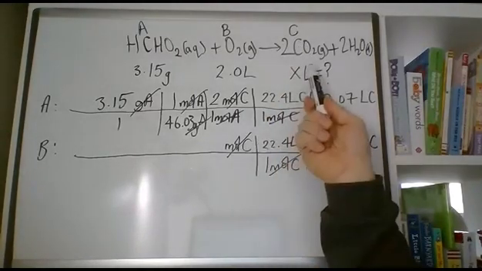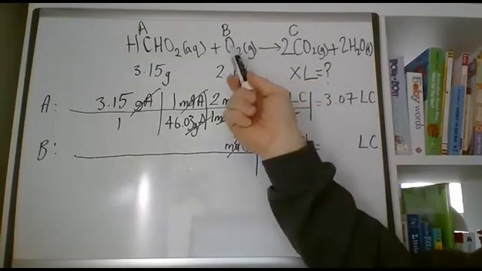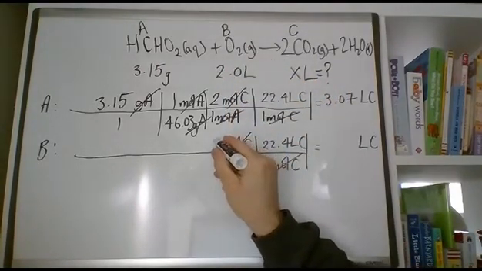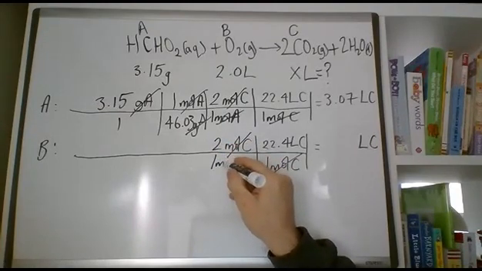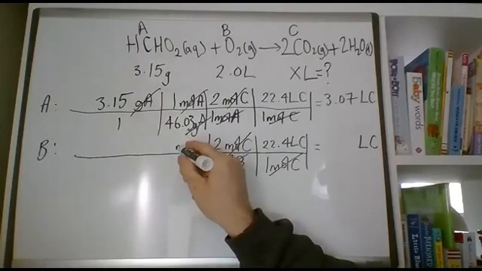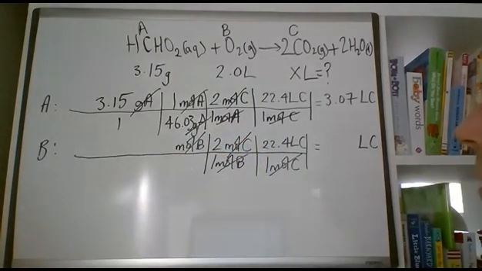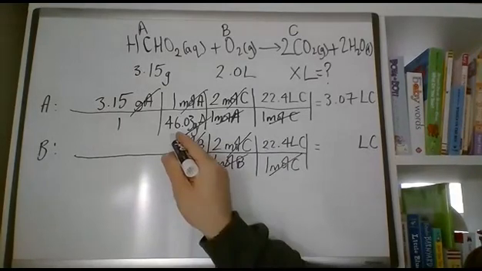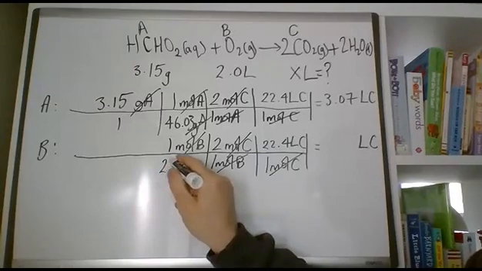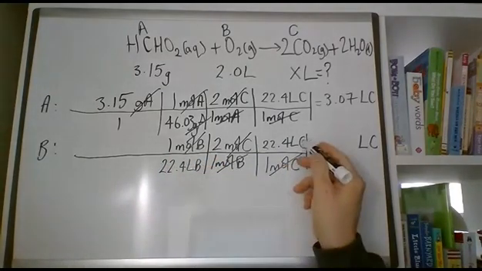I know the relationship between these two. 2 moles of C is equivalent to 1 mole of B. I know again that 1 mole of B is 22.4 liters of B. It's the same idea I had here.